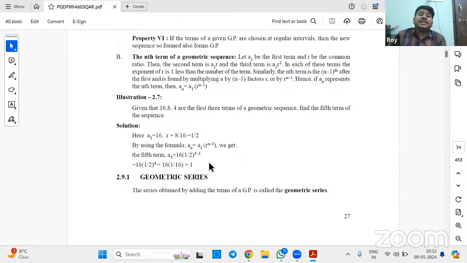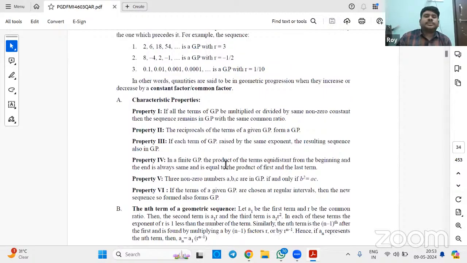Can someone tell me the nth term formula for finding an arithmetic progression? What is the formula? What is the formula for getting the nth term? They're not listening. See this again.